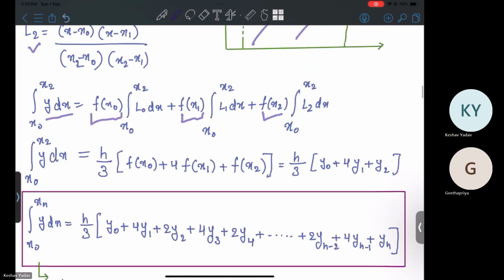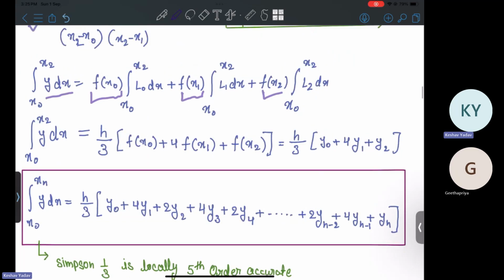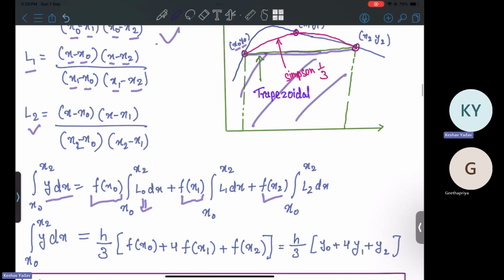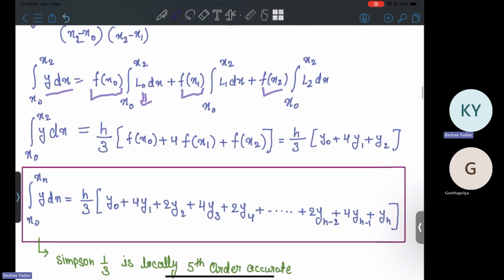Now if you put the L0 from the formula that we have represented here and do the integration, assuming that h is uniform and is the step size or grid size, we'll find the formula: the integral of y dx, limit x from x0 to x2, will be equal to step size h divided by 3, times f at x0 plus 4 multiplied by f at x1 plus f at x2.